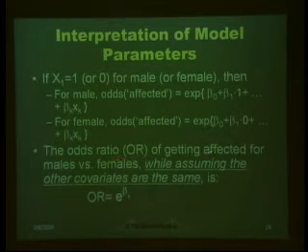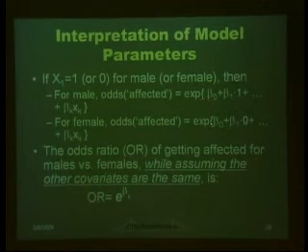So the odds ratio of getting affected for males versus females, I use the first equation divided by the second equation. The left side gives you the odds ratio between male and female. On the right side, the exponential of beta 0 gets cancelled, beta 1 gets left, and all the others, beta k xk, get cancelled. So what you're left with is the exponential of beta 1.